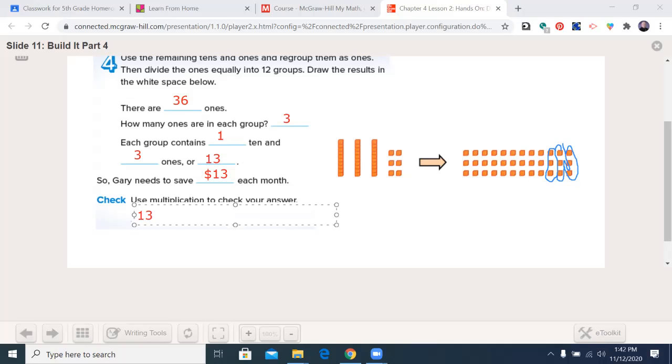Otherwise, we won't know what we're talking about. Is it $13 or 13 piranhas or 13 CMU flags? We don't know. And you don't want us not knowing, because knowing is half the battle. All right, so make sure you've written this in. All right, I'm going to go ahead and clear the screen.